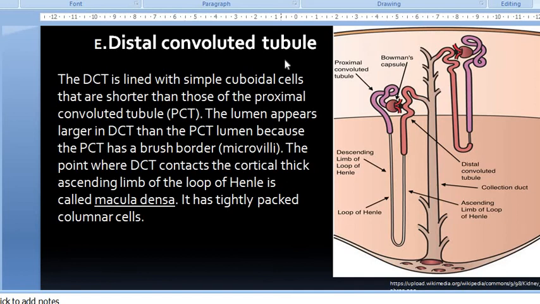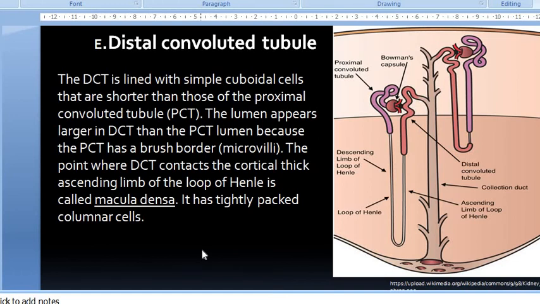Next part is the distal convoluted tubule. The distal convoluted tubule is lined with simple cuboidal epithelial cells that are shorter than those of the proximal convoluted tubule.